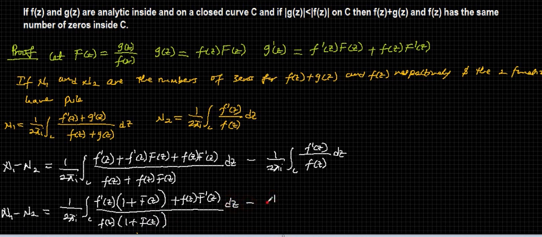This is minus 1 over 2 pi i integral of the contour f prime of z divided by f of z dz. So we are going to move to the next page.